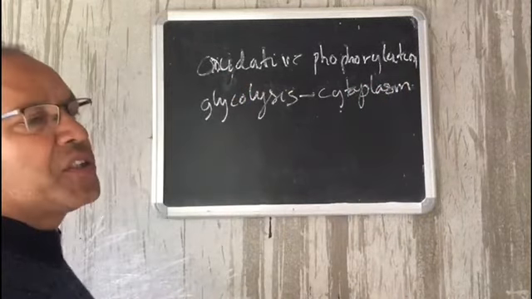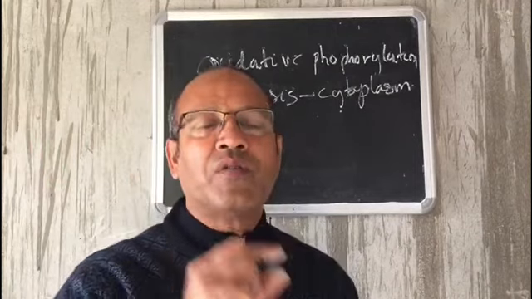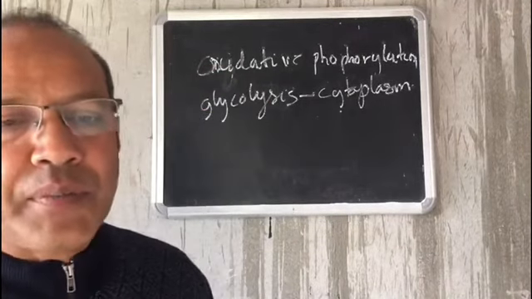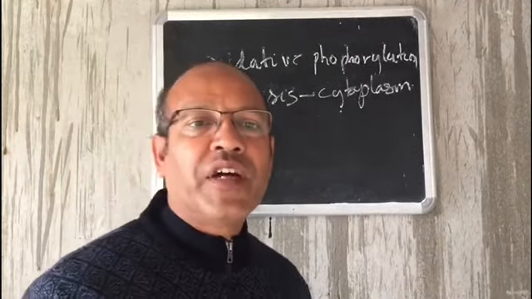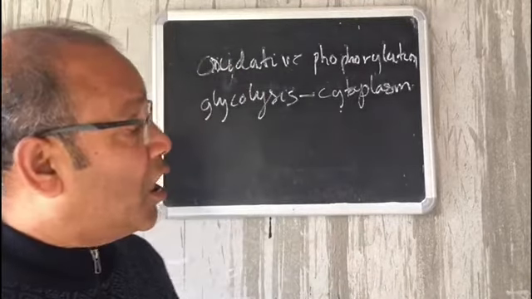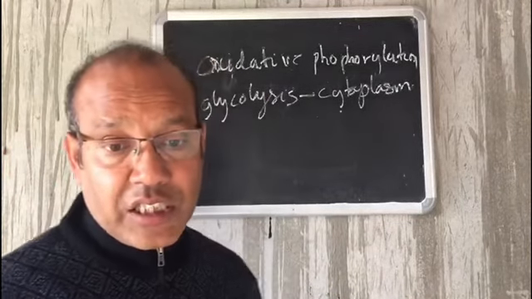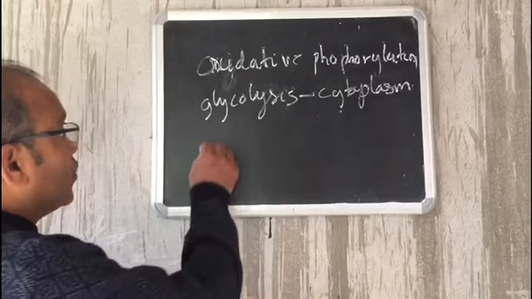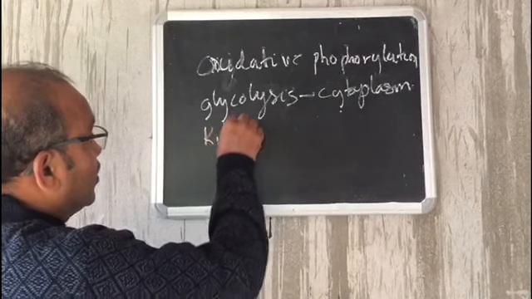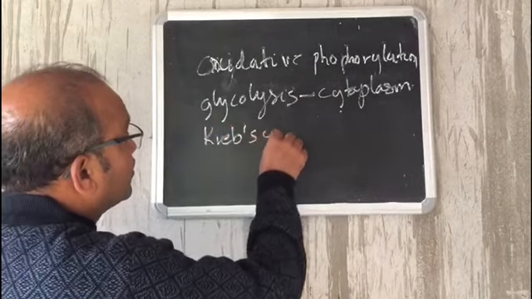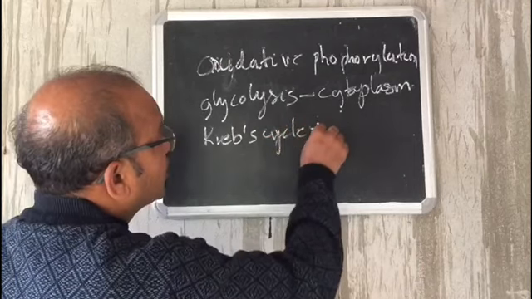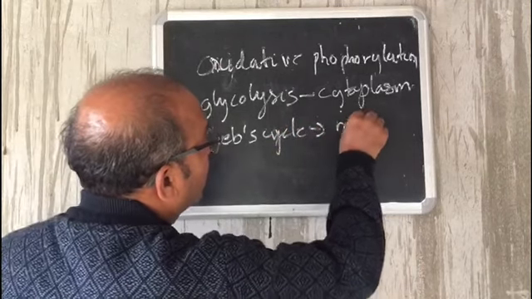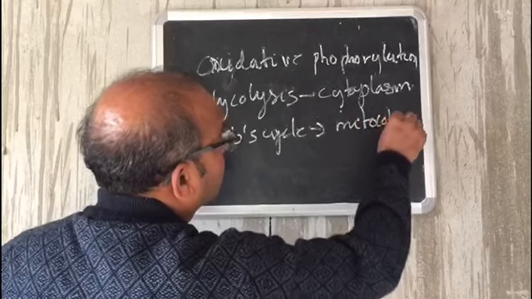But this is responsible for only a small amount of ATP production. The next is the Krebs cycle, which takes place inside the mitochondria.